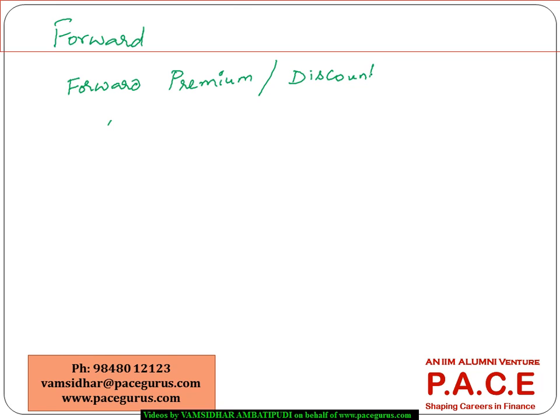So if I say the spot rupee to dollar rate is 59.23 to 59.75, what I am saying is in the forward, let's say a 30-day forward, it may be quoted as plus 0.23 to plus 0.27.